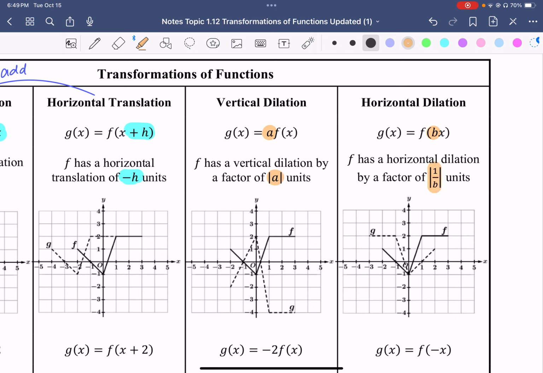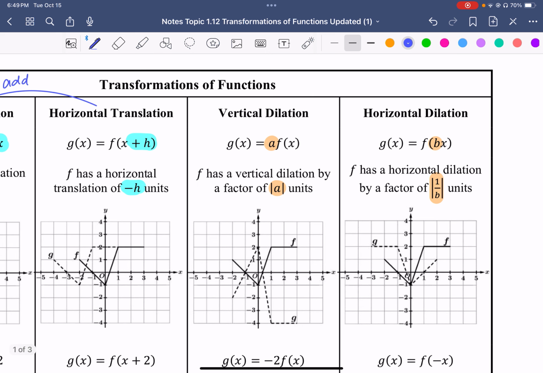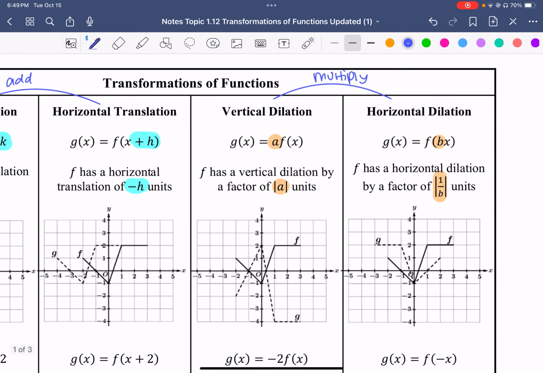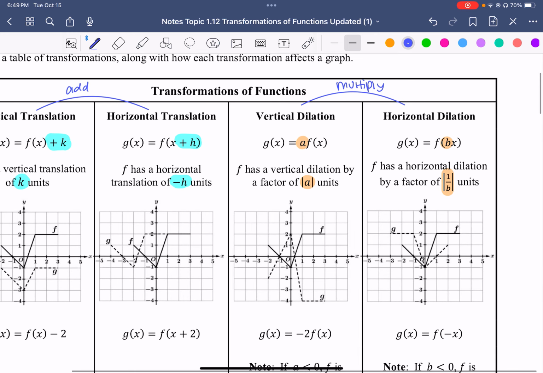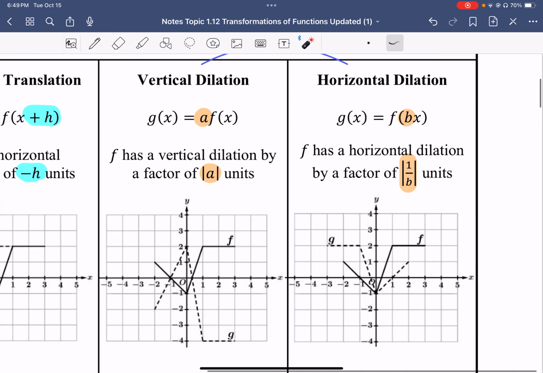Okay, so remember that everything inside of the parentheses is not what it appears. So for dilations, you are going to be multiplying. So you can tell whether it's a dilation or a translation depending on if you're adding or multiplying that number onto the function.